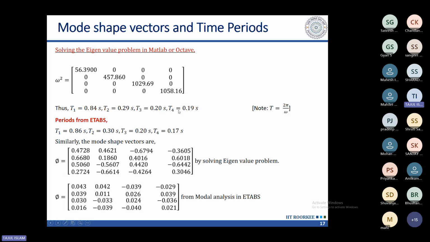This is using manual calculation, just by solving the eigenvalue problem. Now we will compare this with whatever you got from the software ETABS. I have just extracted the time period values here. The first period is 0.86, second period is 0.3, third period is 0.2, and fourth period is 0.17.